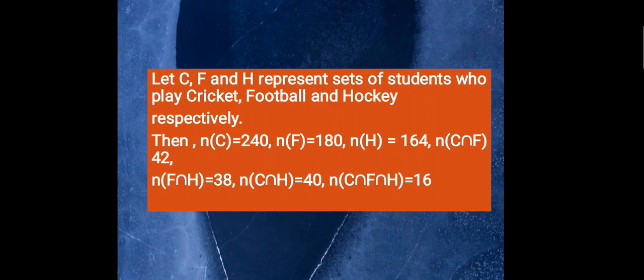Let us form the sets. C denotes those who are playing cricket, F denotes those who are playing football, and H denotes those who are playing hockey. Then n(C) equals 240, n(F) equals 180, n(H) equals 164 from the given.